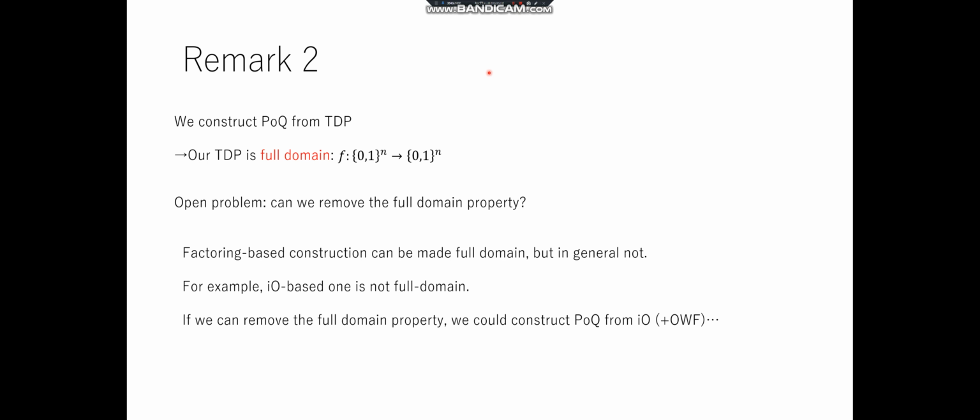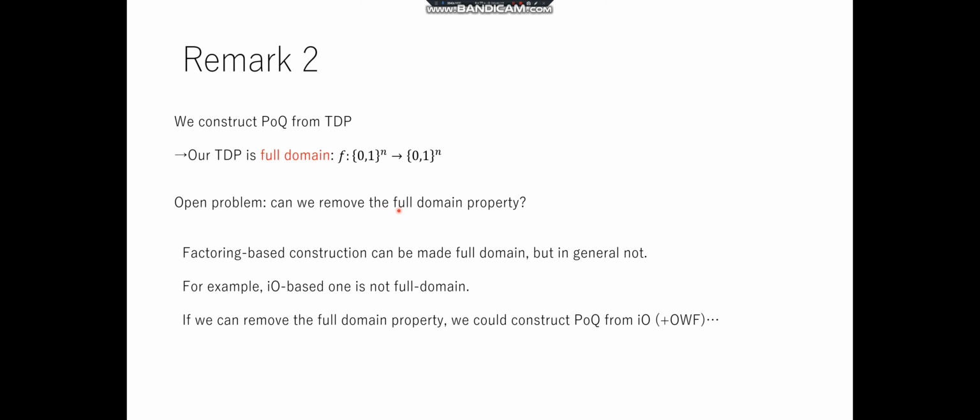The second remark is the following. We construct proofs of quantumness from trapdoor permutations, but our trapdoor permutation is full domain, which means that the domain is just the entire space of n-bit strings. So one natural open problem is, can we remove the full domain property?